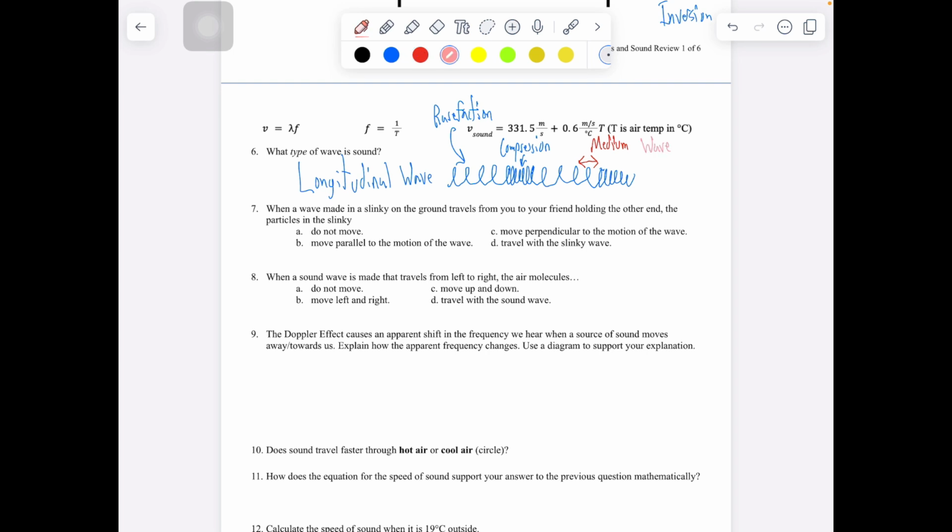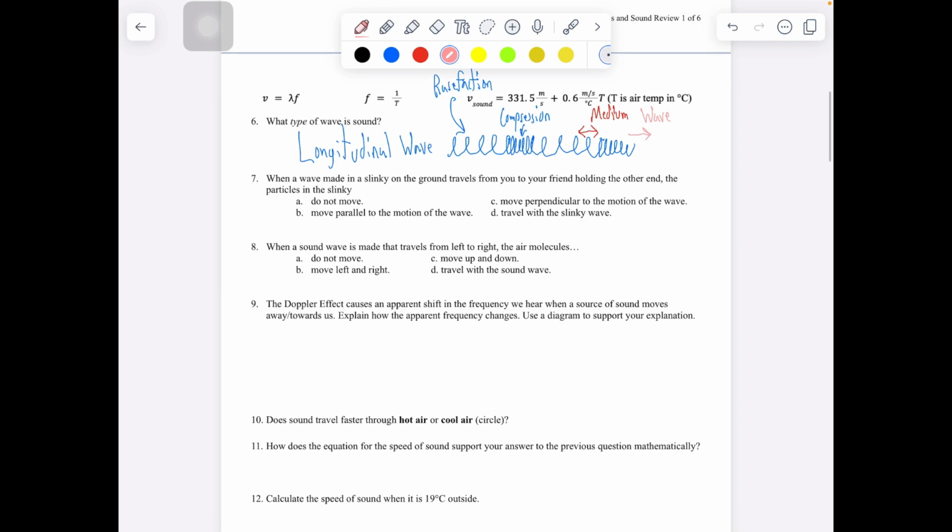So since the wave is going, let's say, from left to right here, the medium in a longitudinal wave is going to oscillate parallel. So to the right, to the left. The spring itself isn't moving to the right. It just looks like it is. The wave is moving to the right. The spring itself is staying mostly in place. It's just oscillating about a point to the right, to the left.